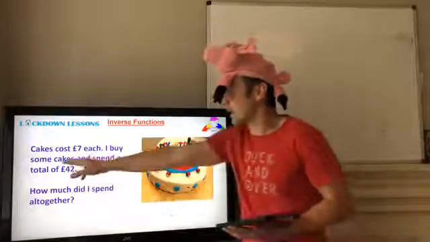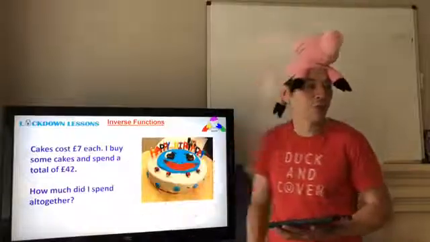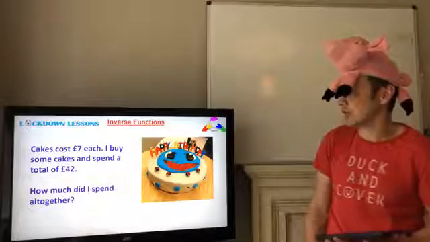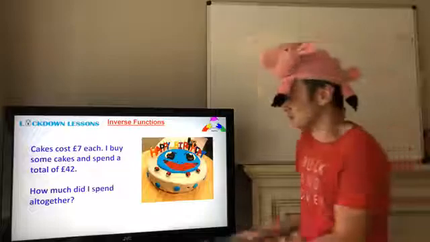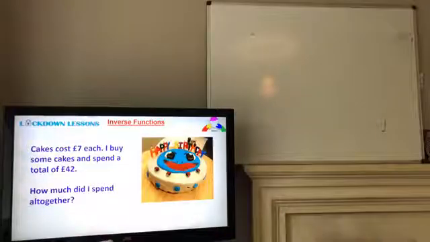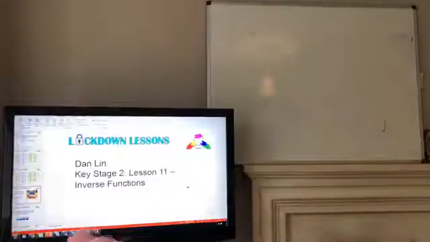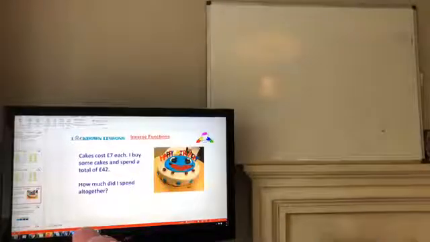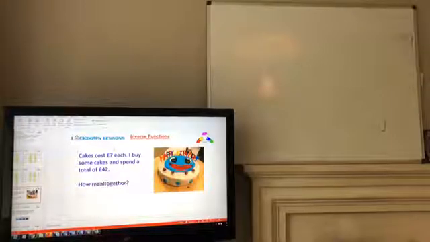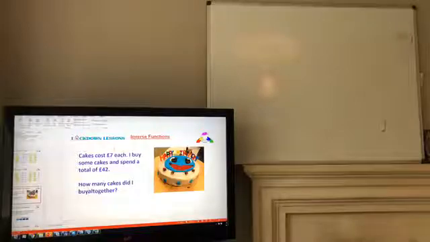I buy some cakes and spend a total of £42. So how many cakes did I buy altogether?